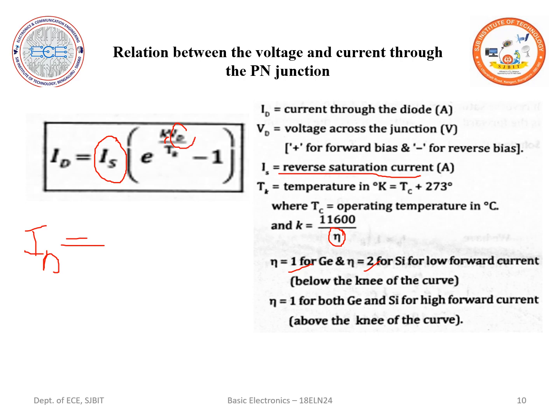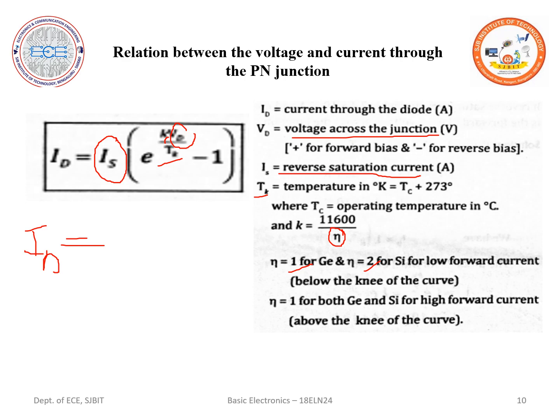VD is the voltage across the junction, and Tk is my temperature in degree Kelvin. That is, whatever my temperature in Celsius is gets converted into degree Kelvin. So this is the relationship for the diode current.